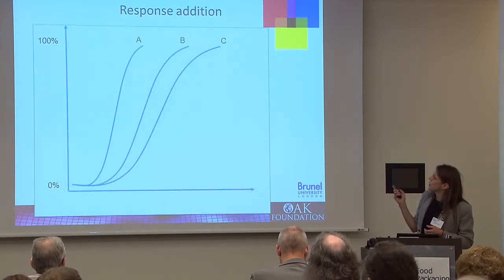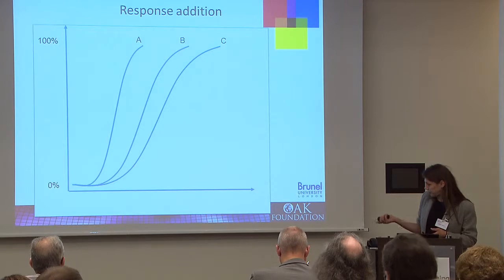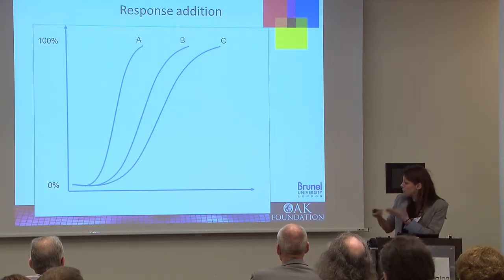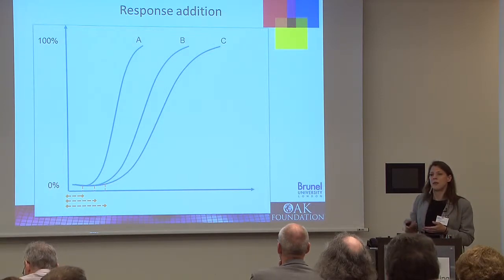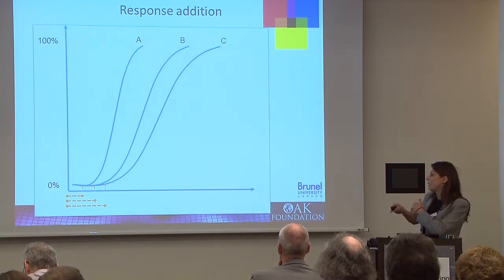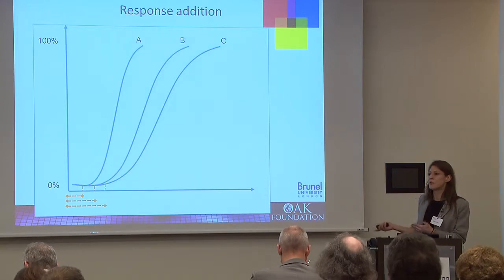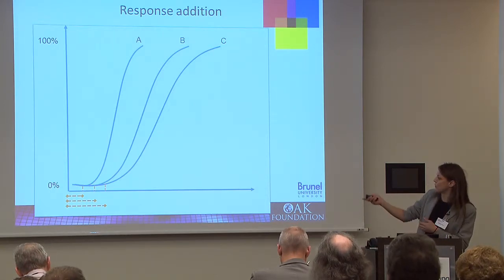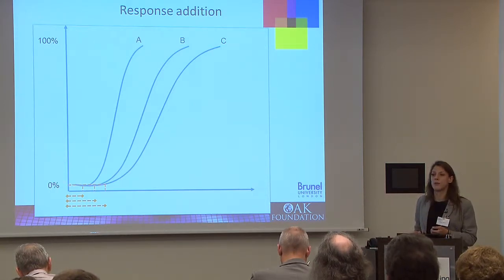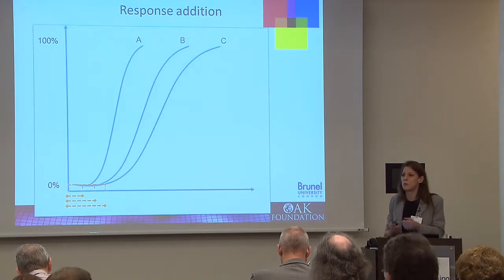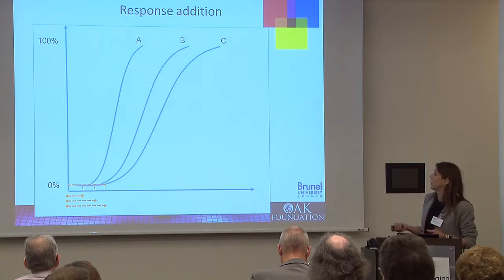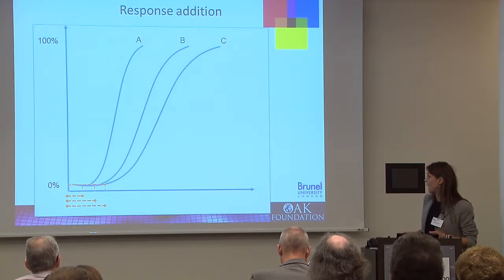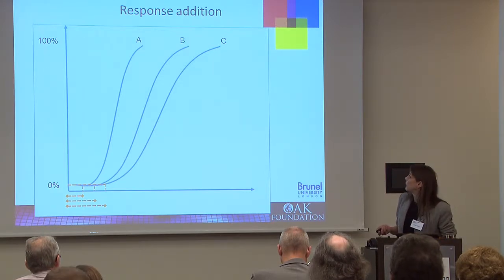What's important when you're using response addition is this: if you have, say, 3 compounds, and they're all below a threshold where they have 0 effect, when you add these up along the response axis, then you have 0. That's been used as an argument for ignoring any kind of mixture effect as long as you've got dissimilar modes of action.